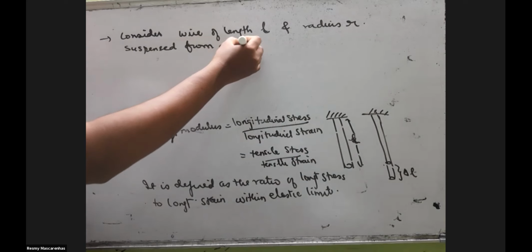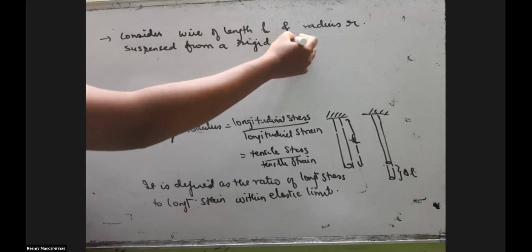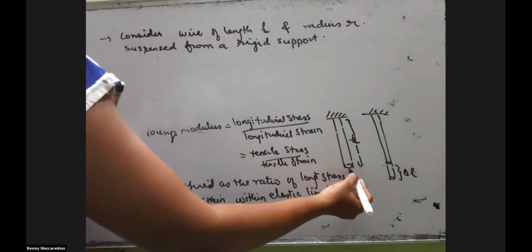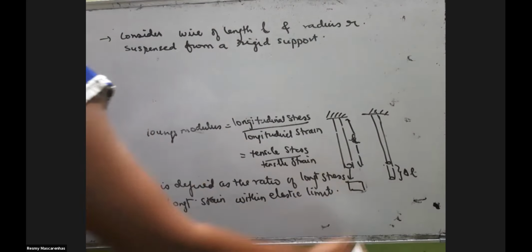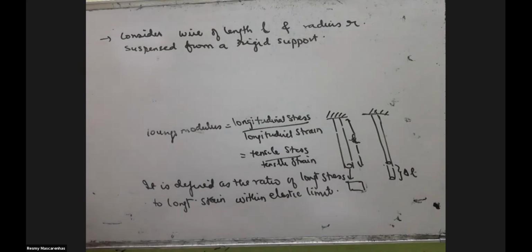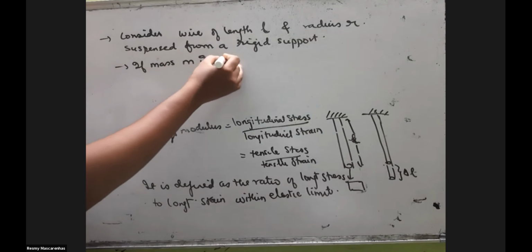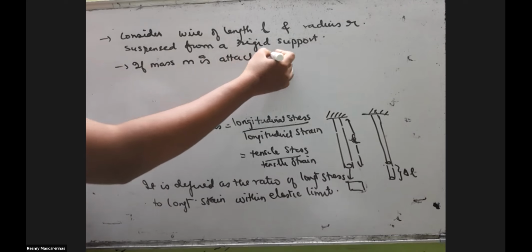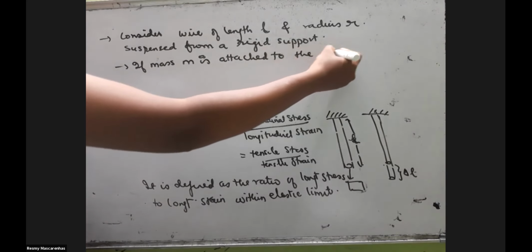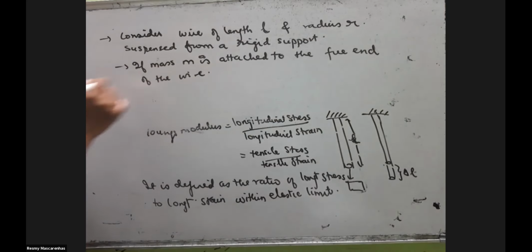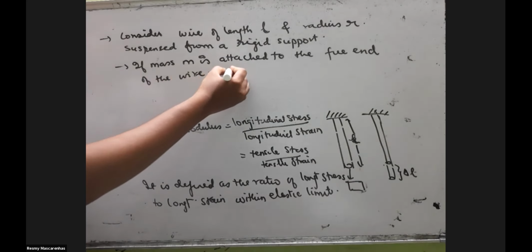Rigid means a fixed support. Now what is happening? They are attaching some kind of block to it, and then it will get stretched. If mass M is attached to the free end of the wire, there will be a force acting on the wire.